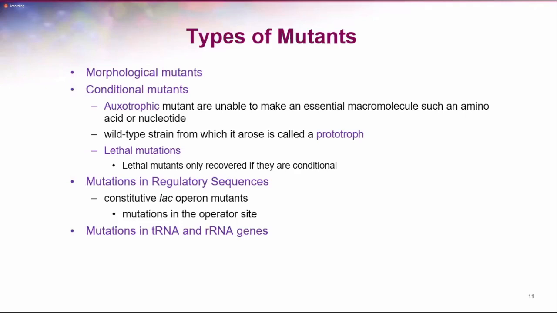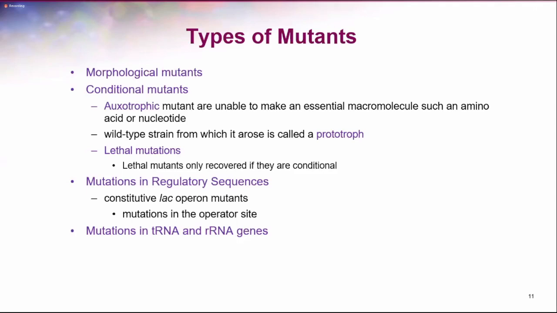But what if the mutation is such that the LAC repressor binds but cannot come off? Okay, so then in that case, you can have a LAC operon which is completely intact, but it's never transcribed because the LAC repressor never goes off.